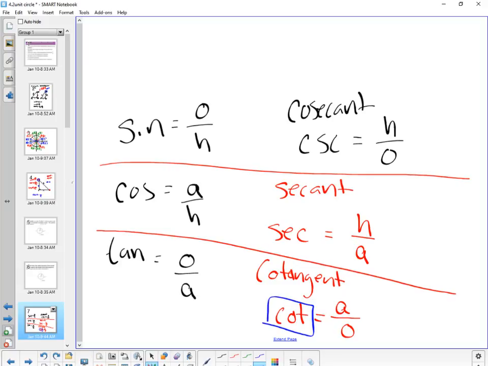Now, these are reciprocals, right? If you look at the short version of secant, written backwards, it looks like cosine.